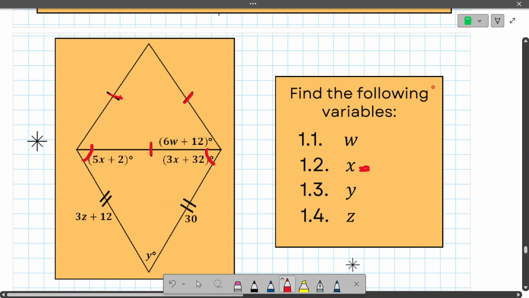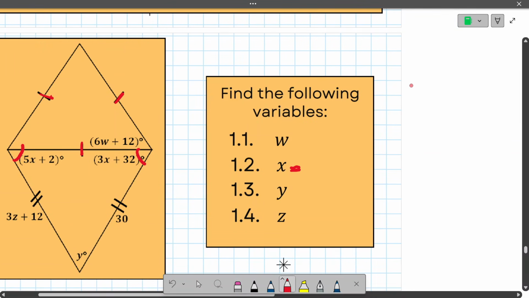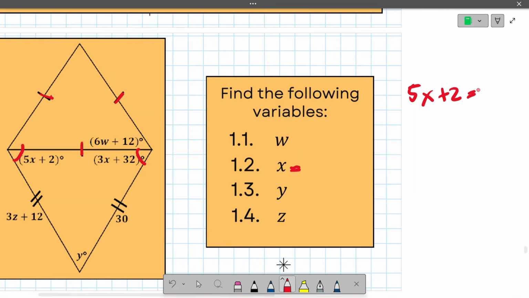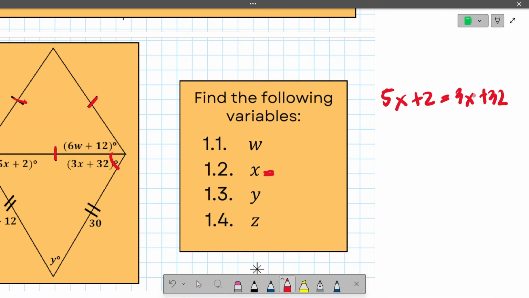So to find x, ang gagawin lang natin is to equate these two expressions, 5x plus 2, 3x plus 32. So how to do that? 5x plus 2 equals 3x plus 32. Ayun.